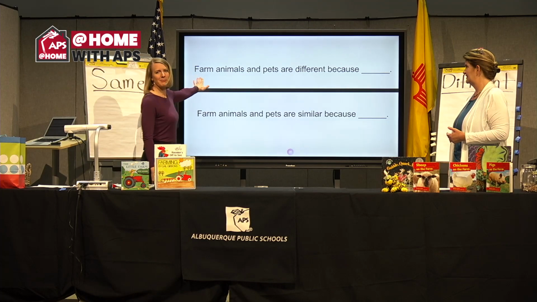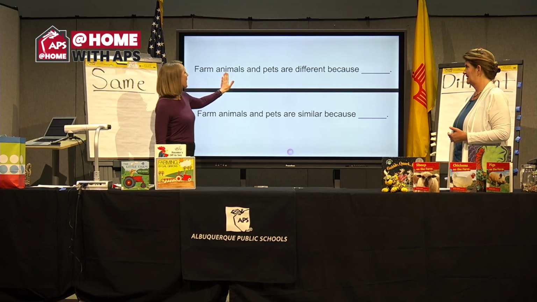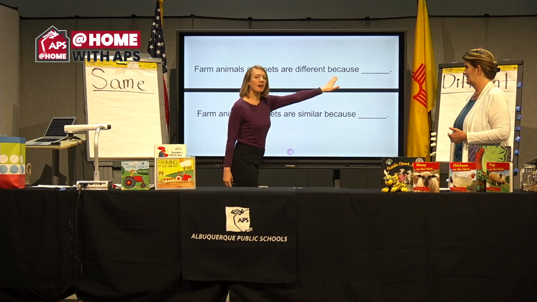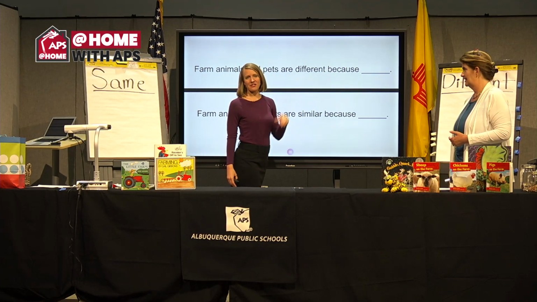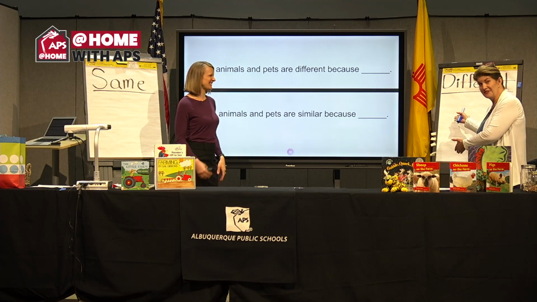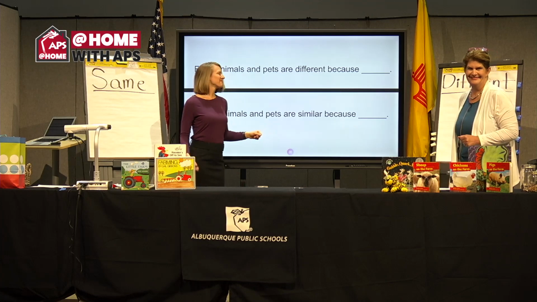The first one up here says, farm animals and pets are different because, and then to give your reason. That must be where we're going to record some of the differences. That's right.